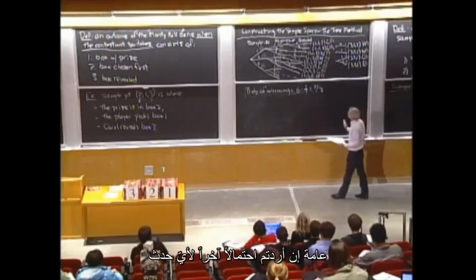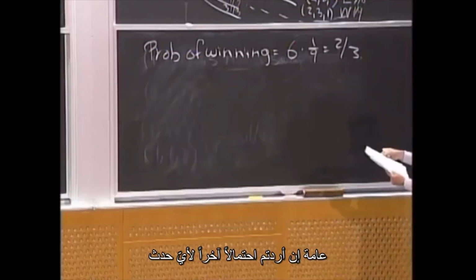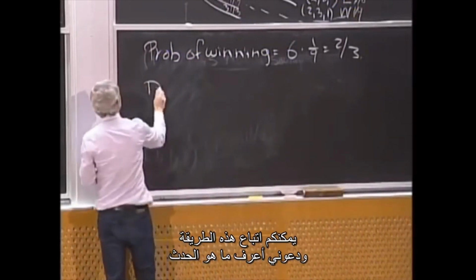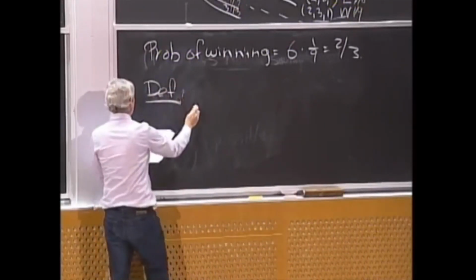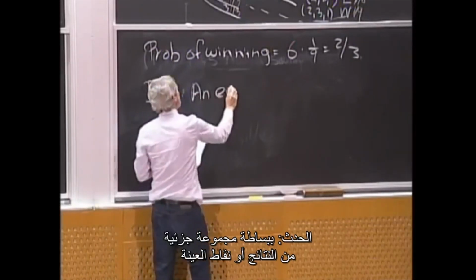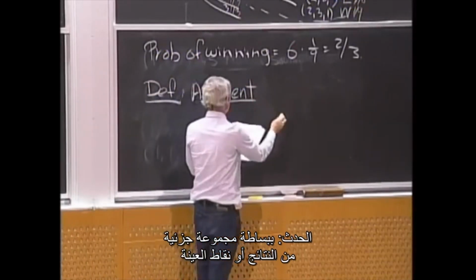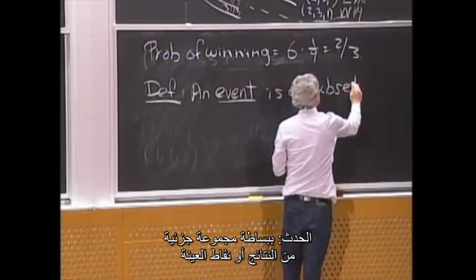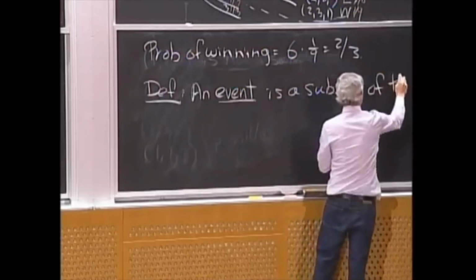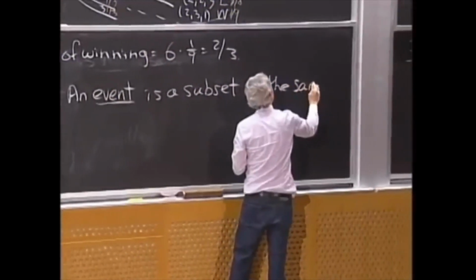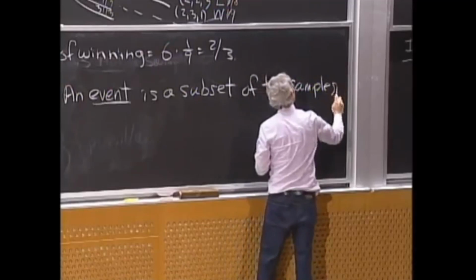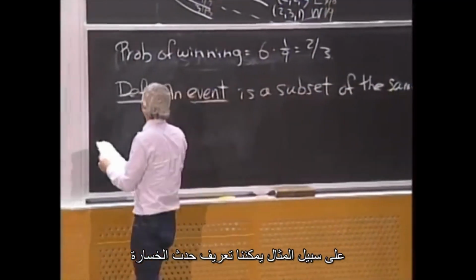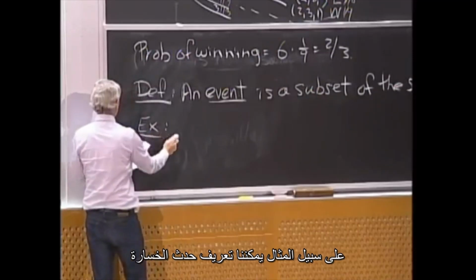Now, in general, if you want to know the probability of any event, you can follow this same method. And let me define what an event is. An event is simply a subset of outcomes, a subset of the sample space. For example, we could define the event of losing.